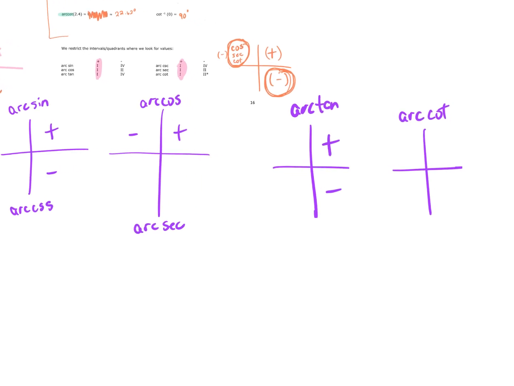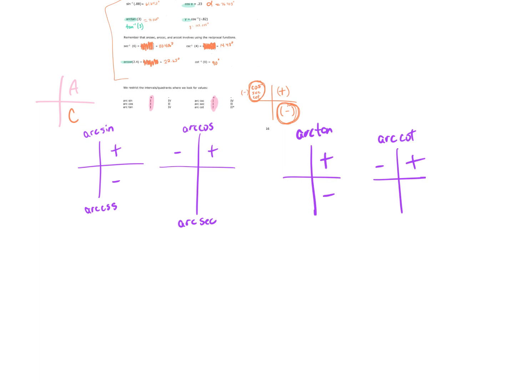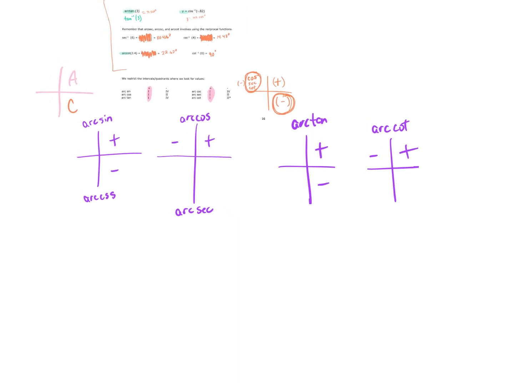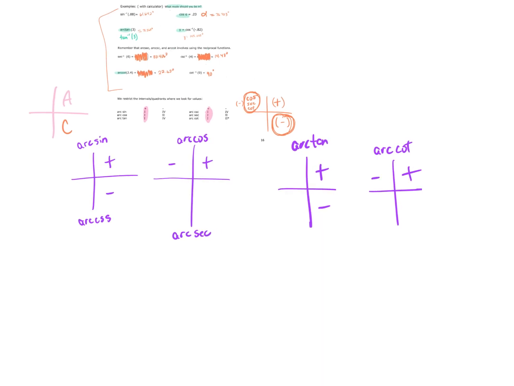But for arc cotangent, if it's positive, we're in quadrant 1. If it's negative, we're in quadrant 2. All right, here's how we use this. I'm going to write some examples down, I'll do it up above on the next page, some other examples besides what you see there.